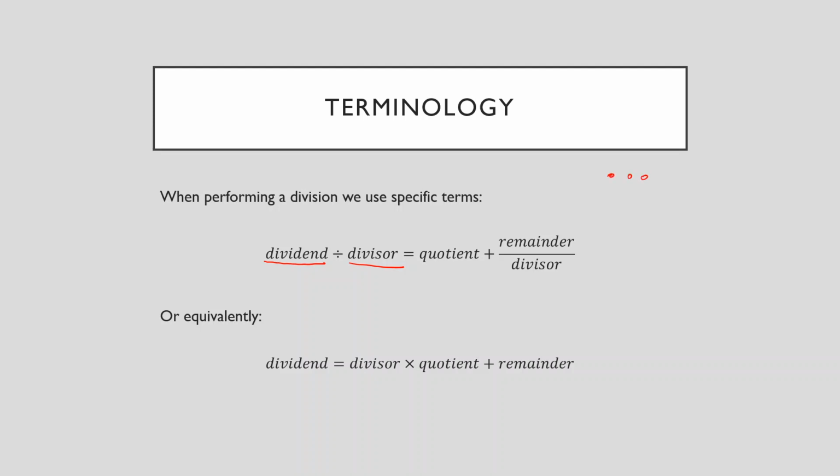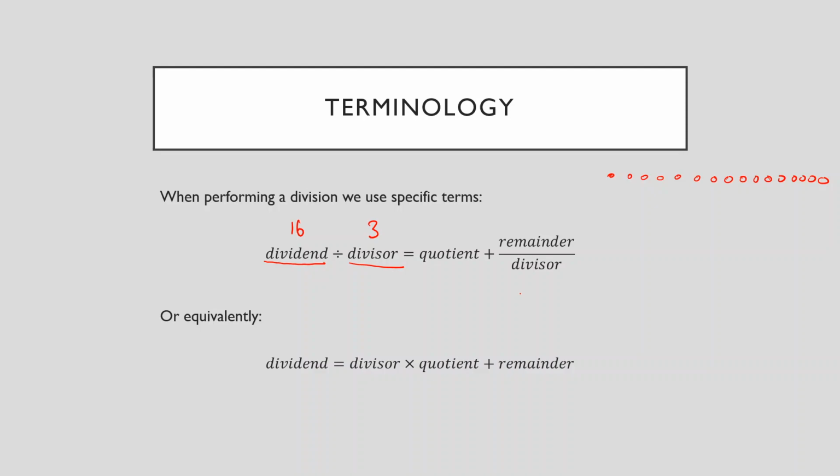1, 2, 3, 4, 5, 6, 7, 8, 9, 10, 11, 12, 13, 14, 15, 16. So this number would be 16, and I want to divide this group of 16 objects by, let's say, 3. Now, in primary school when you were learning what division is, you probably heard the term shared between.